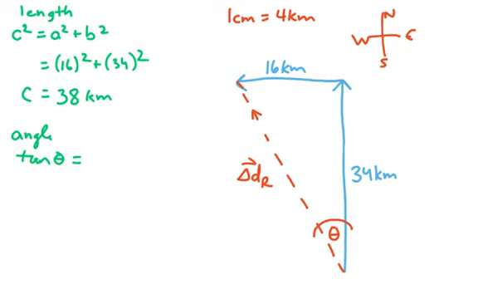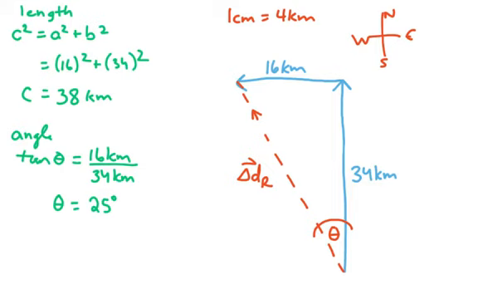So the opposite is the 16 kilometers, and the adjacent is the 34 kilometers. And again, when I want theta by itself, that means I have to take 16 divided by 34, and then tan to the -1. That's probably a second function button on your calculator. Try it now and you can compare your answer with mine. So I'm going to get 25 degrees here, again maintaining 2 significant digits.